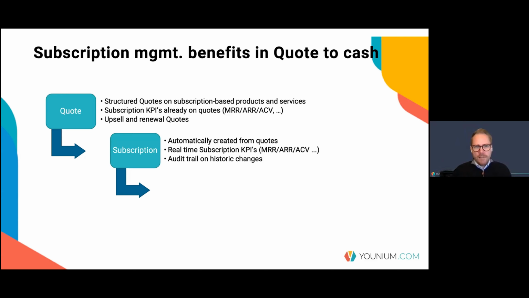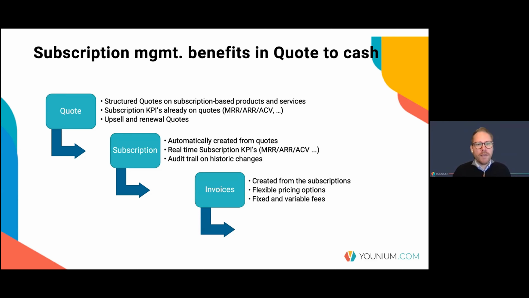And then based on that data that started off from the quote being transformed into a subscription, we can then, of course, start to automatically generate and send out the invoices, or take money from a credit card or other payment options.